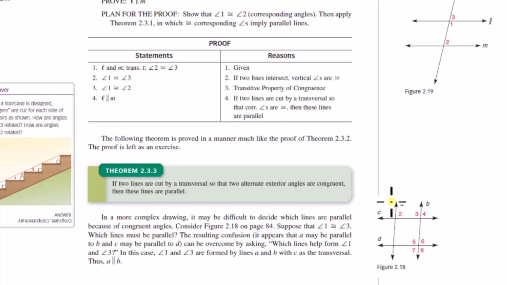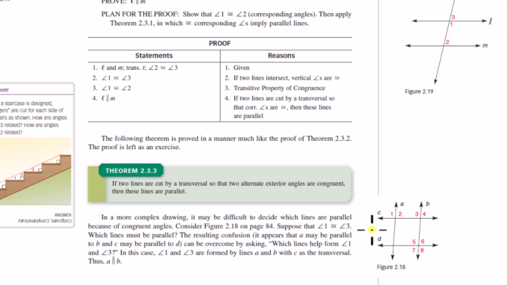Line C and line A, and then line C and line B. Yeah, so I think what they're going for here is that if you ask which lines help form angles 1 and 3, I just said line C, line A, line C, line B. Well, then obviously with these two angles, C is the transversal.